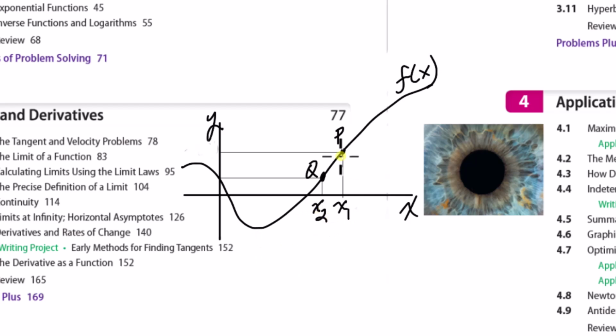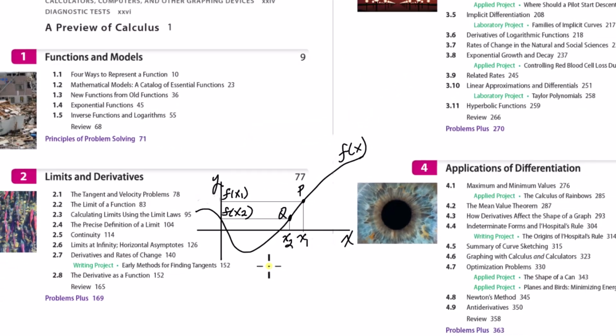And therefore, the y coordinate of point P is f of x1. And the y coordinate of point Q, again, it's a coincidence that point Q is lined up with this y-intercept, but the y coordinate of point Q is f of x2. So let's take a look at how this works.